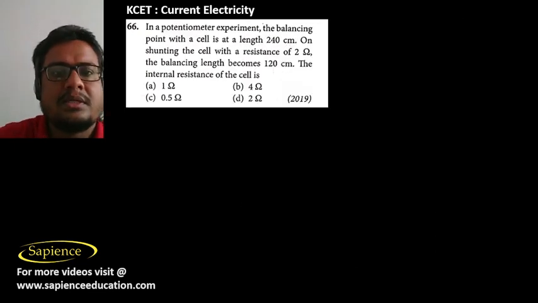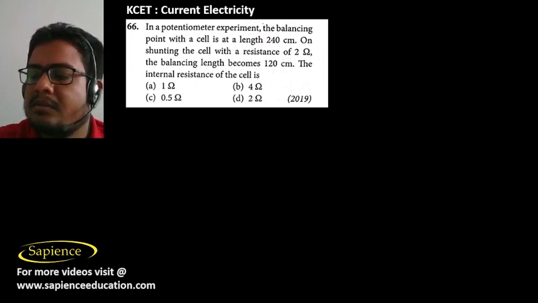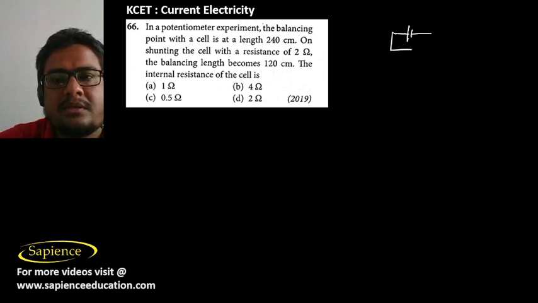Then it is told, in a potentiometer experiment, the balancing point with a cell is at length 240 centimeter. There is a cell and the balancing point is here, at 240 centimeter.